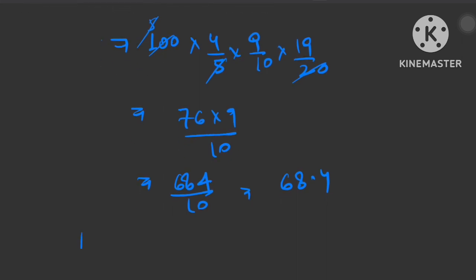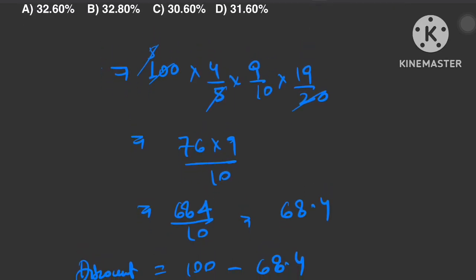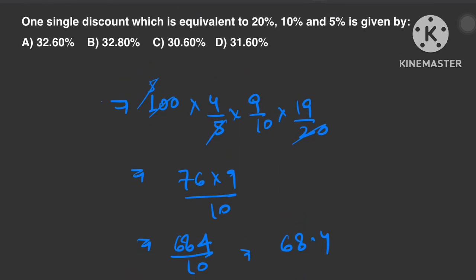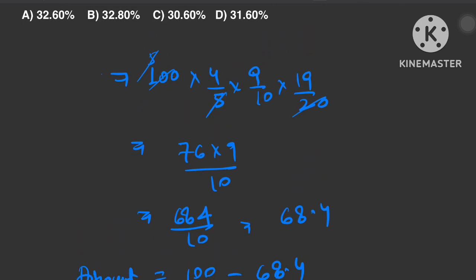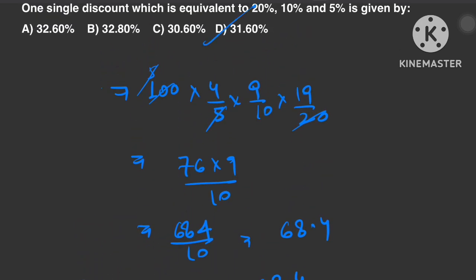Single discount value will be 100 minus 68.4, so what we will get? 31.6 will be the equivalent single discount. So option number D will be your answer.